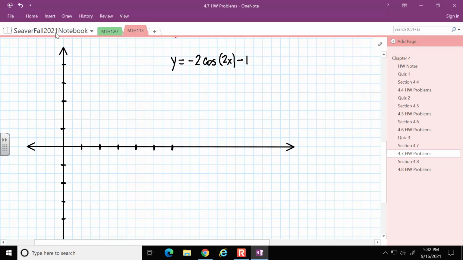Oh man, I messed up my drawings there, didn't I? Oops. That's going to be a problem.